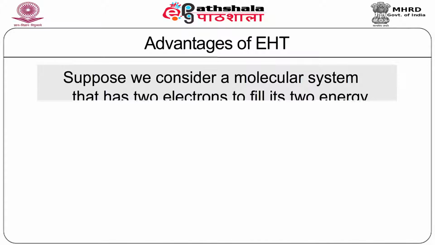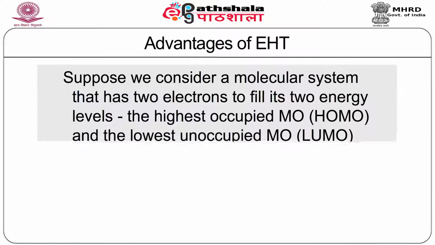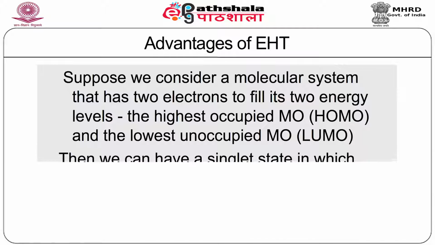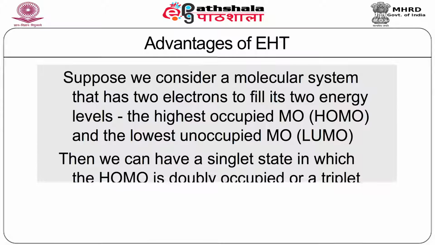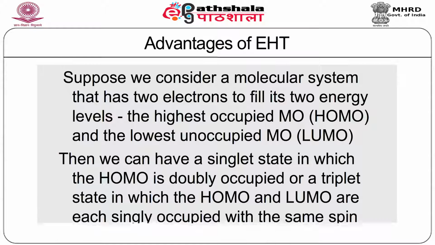Suppose we consider a molecular system that has 2 electrons to fill its 2 energy levels, the highest occupied MO, the HOMO, and the lowest unoccupied MO, the LUMO. Then we can have a singlet state in which the HOMO is doubly occupied, or a triplet state in which the HOMO and LUMO are each singly occupied with the same spin.